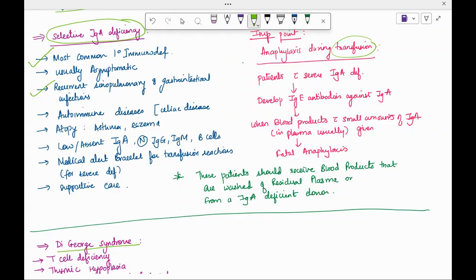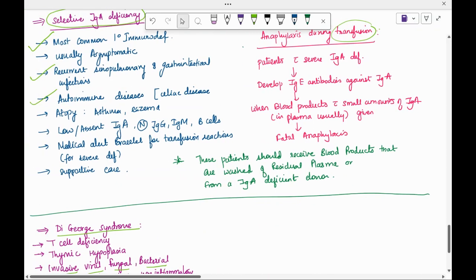Along with this there can be autoimmune disease like celiac disease because it is IgA, and asthma and eczema can be there, and low or absent IgA. Rest of the things will be normal: B cell, IgG, IgM. Only IgA is low or absent. So this is the diagnosis.